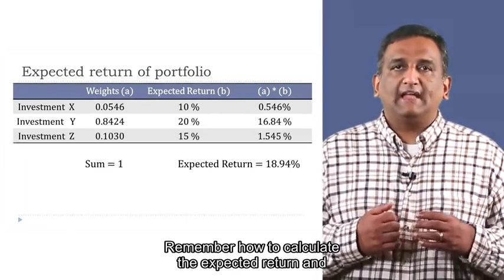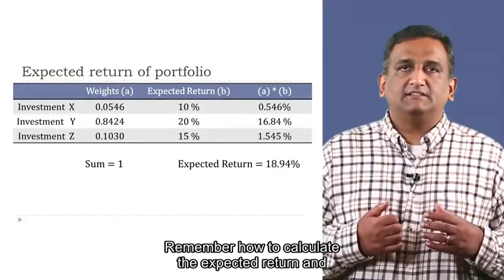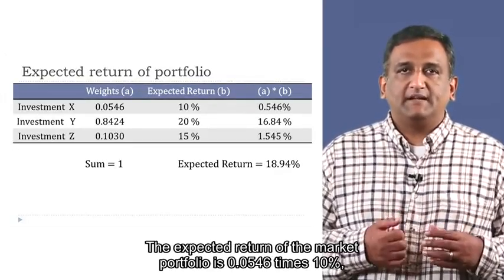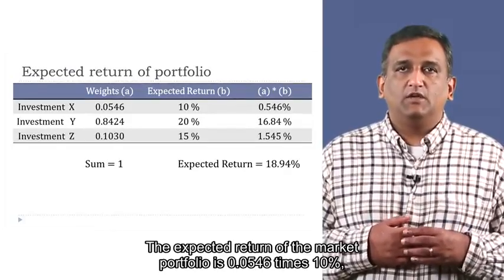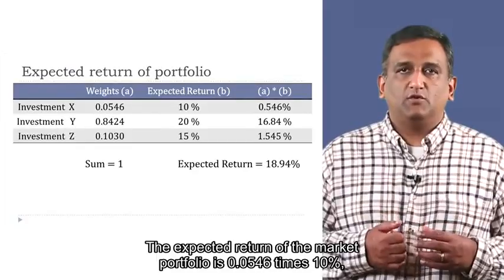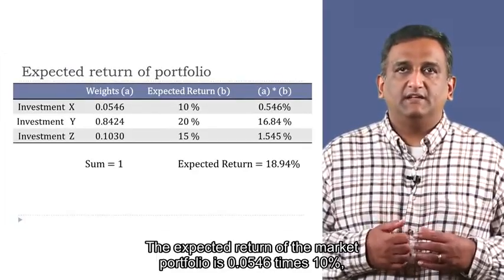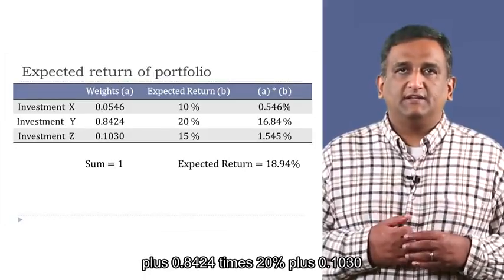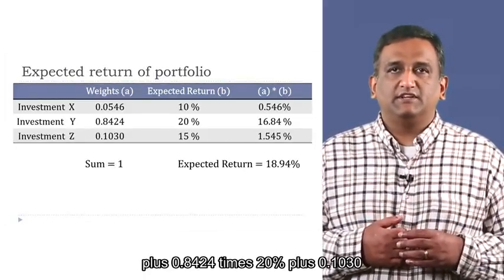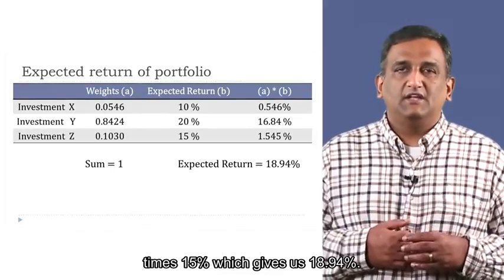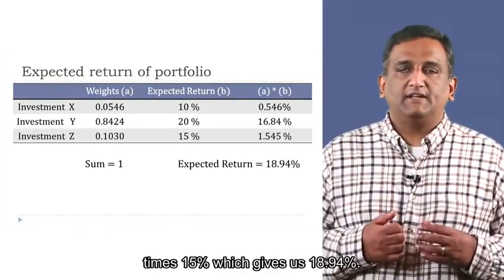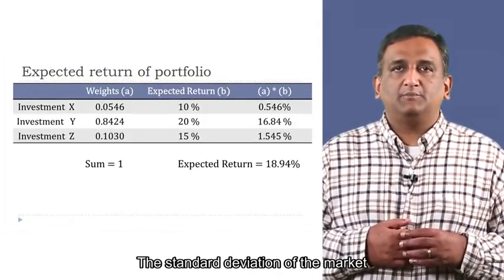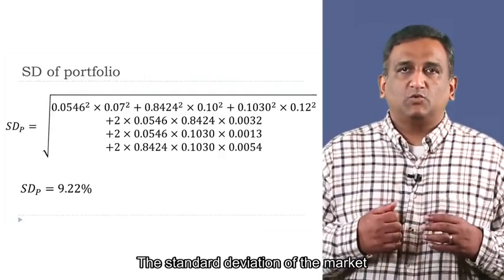Remember how to calculate the expected return and standard deviation of returns for a portfolio. The expected return of the market portfolio is 0.0546 times 10% plus 0.8424 times 20% plus 0.1030 times 15%, which gives us 18.94%.